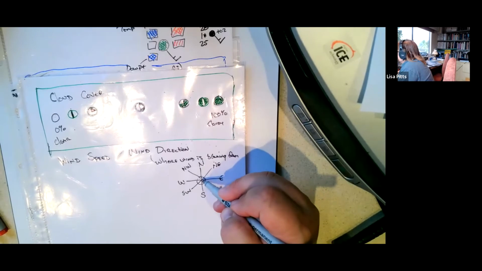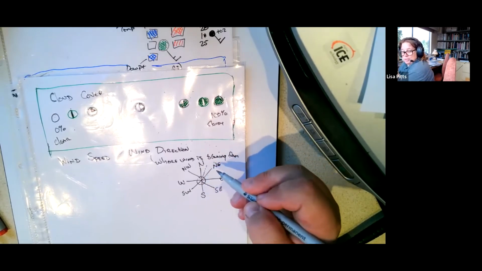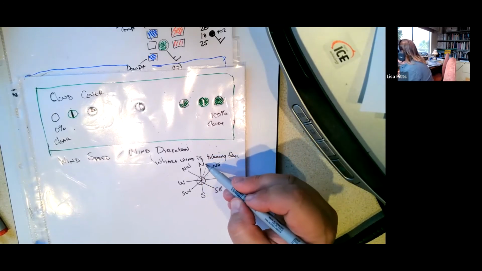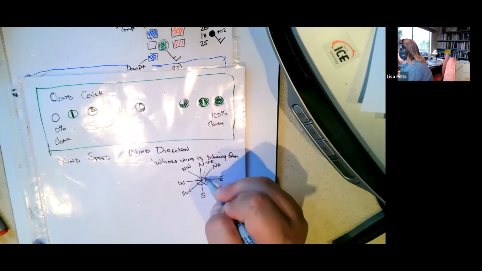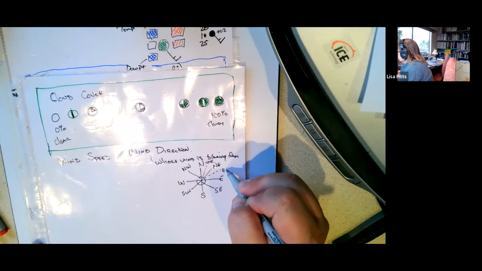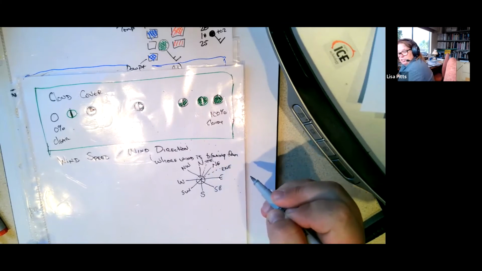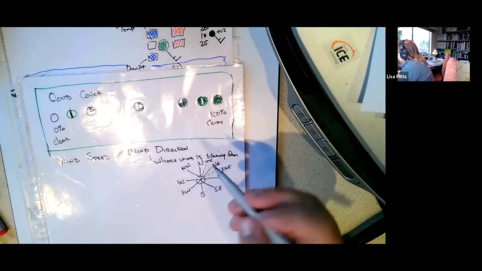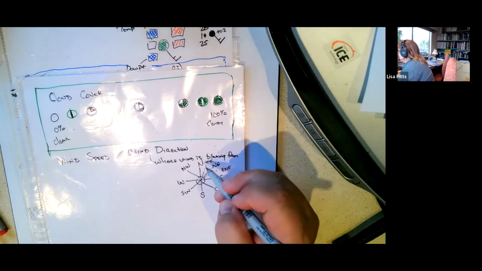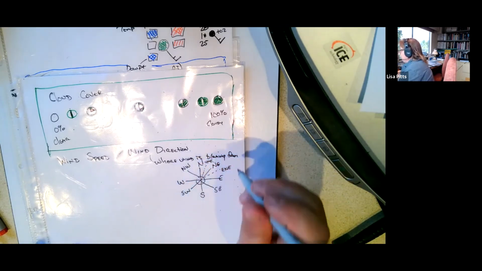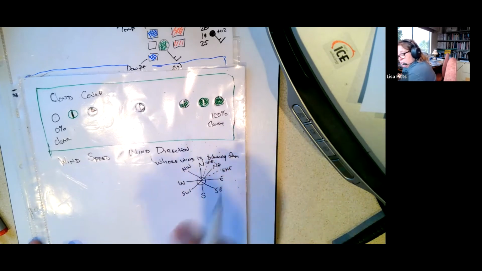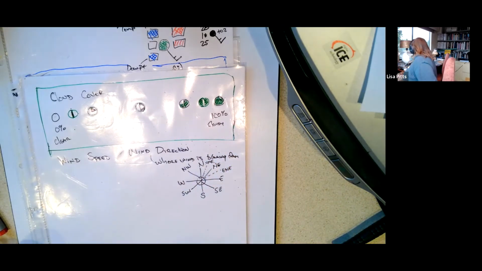You won't see them on my quiz, but this would be northeast, and this one here would be east-northeast. But we're not going to get that detail, just so you know. The winds are either going to be north, east, south, west, or northeast, southeast, southwest, northwest. It's not going to be one of those intermediaries. Okay? And again, it's where the wind is blowing from.